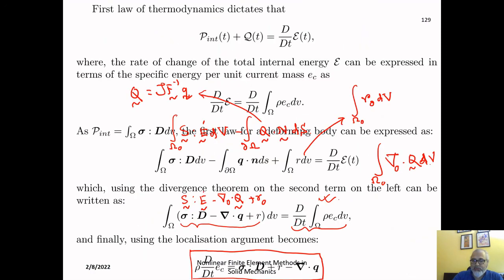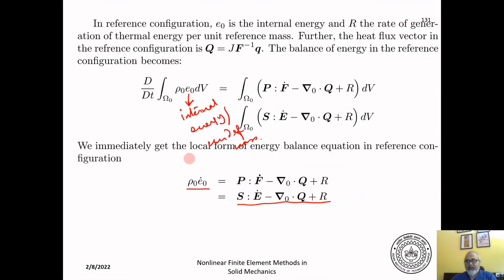If instead of this I use P F dot, which we have again shown earlier is equal to sigma dot T, then we get this equation. Both of these are statements of balance of energy in the reference configuration.